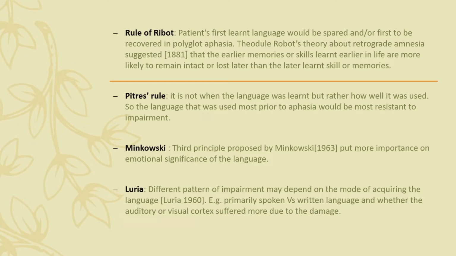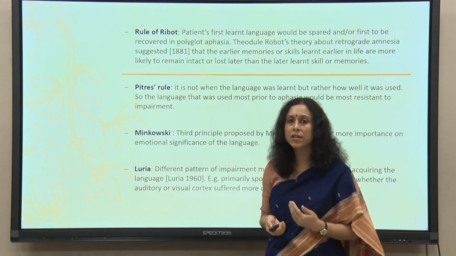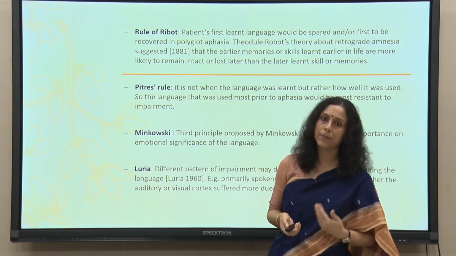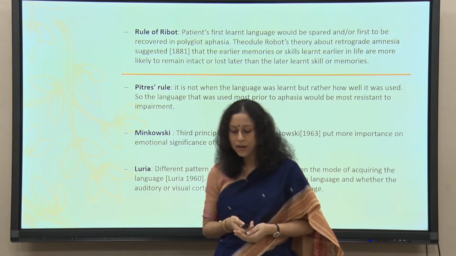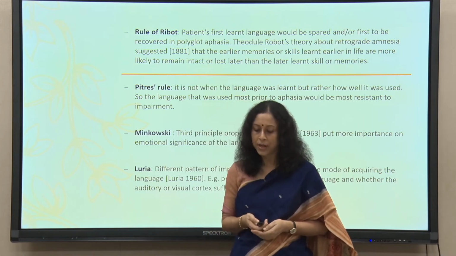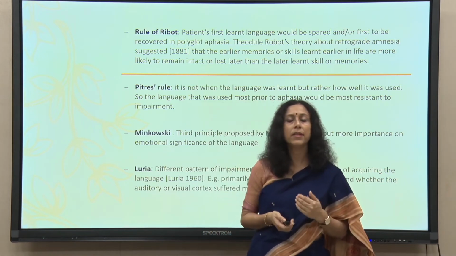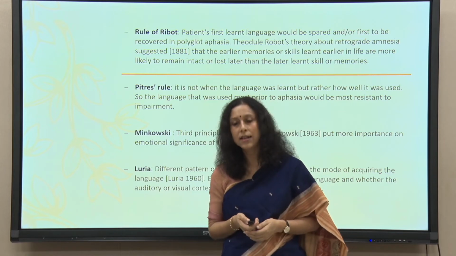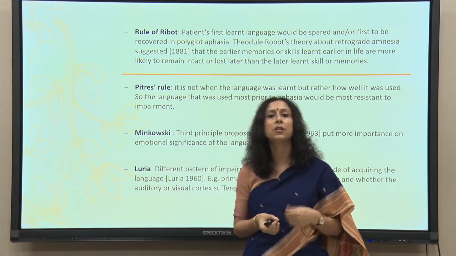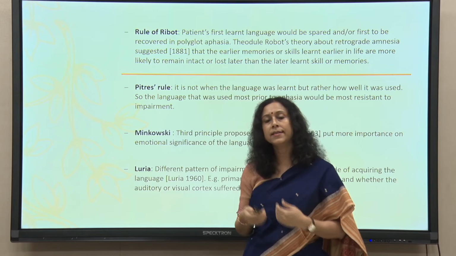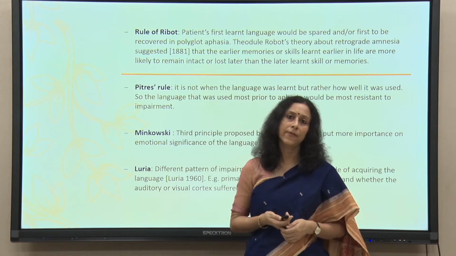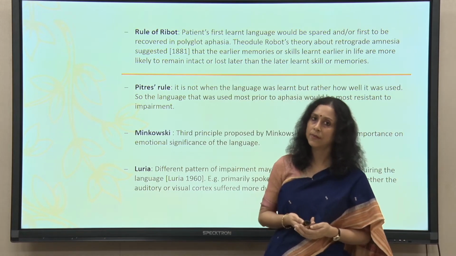It says that a patient of amnesia will show a particular pattern. What is the pattern? The memories or skills that are learnt earlier in life are more likely to remain intact, and the memories that are collected later will be affected more when a person suffers from amnesia.